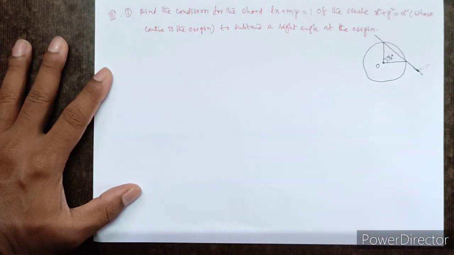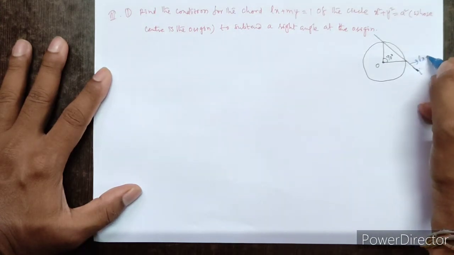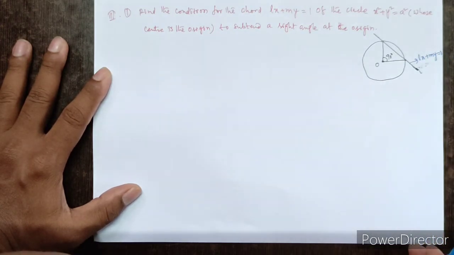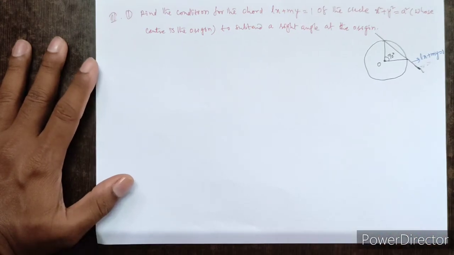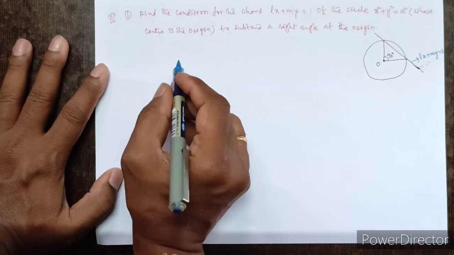So the given line is nothing but Lx plus My equal to 1. Okay, see the solution.